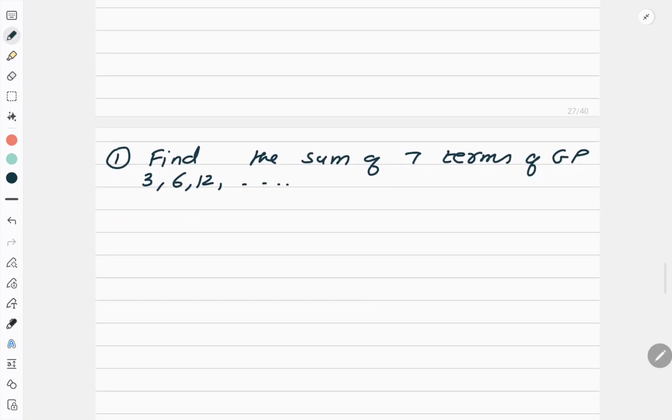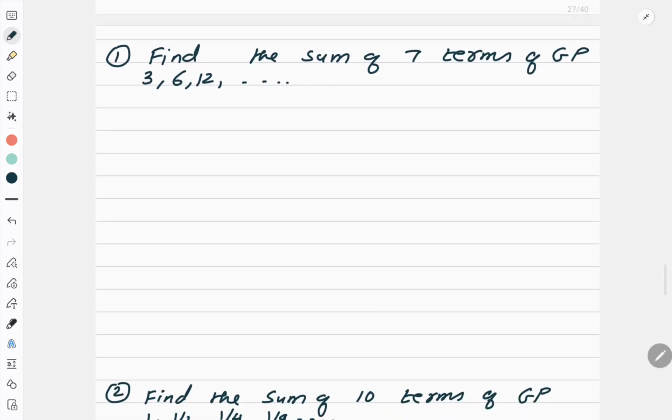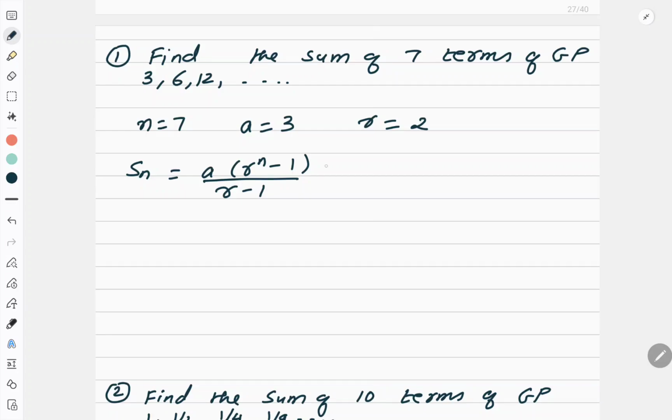So now what is the first question? Find the sum of 7 terms of GP. Now n is equal to 7, A is equal to 3 and R is equal to 6 by 3, which is 2. What is the formula? Sn is equal to A (r to the power n minus 1) upon r minus 1.